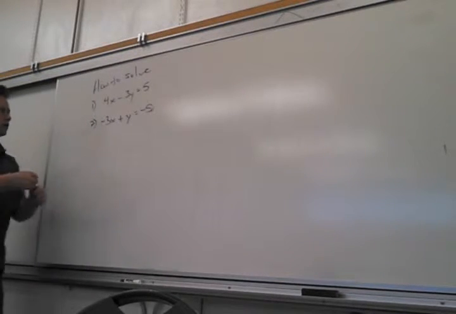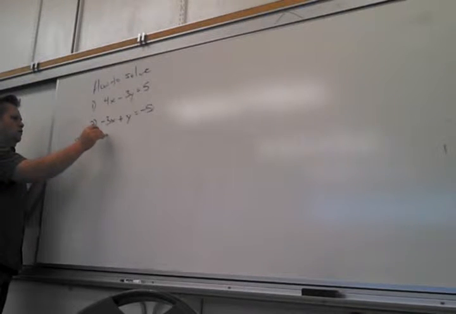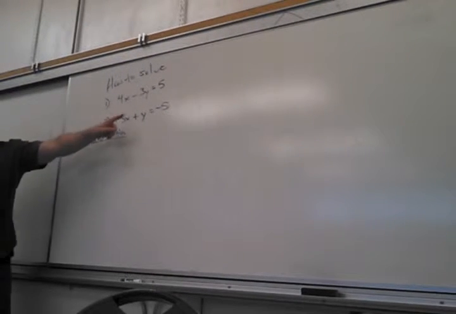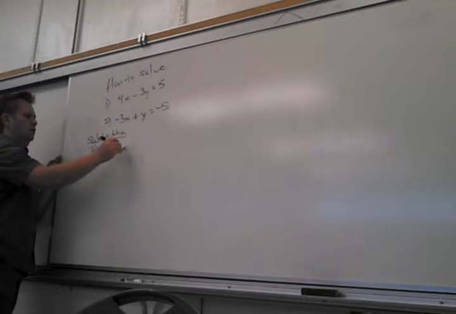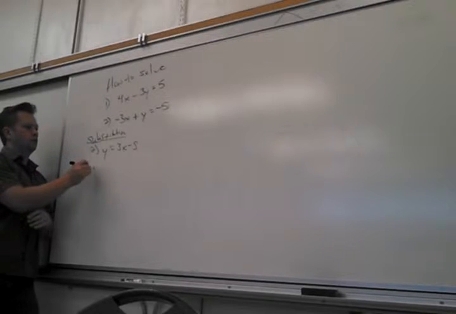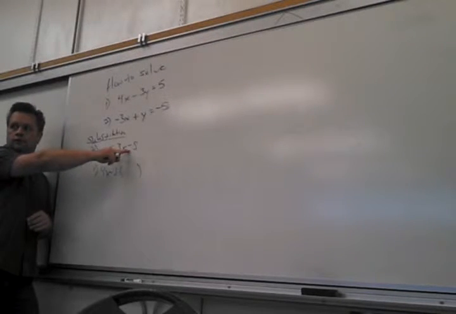Substitution. All right, let's start there. So how do you do substitution? Which one do you want to solve for? The one that's already almost by itself anyway. If you take 2 and solve for y, what can I do then? Take 1 and say it's 4x minus 3 times y, but I know what y is.